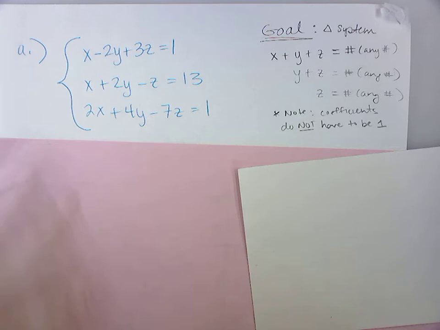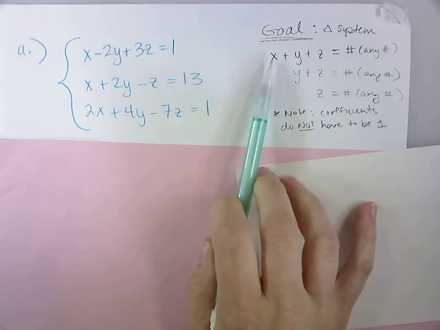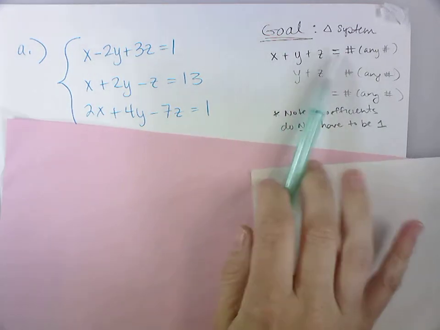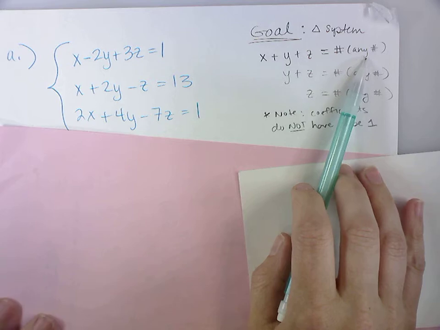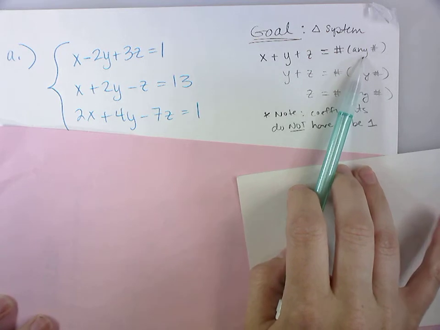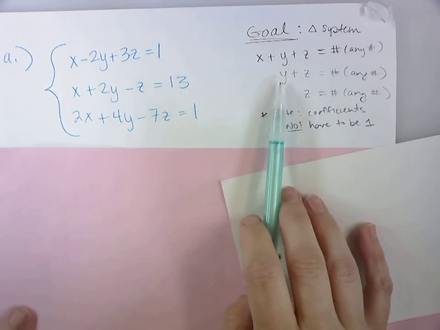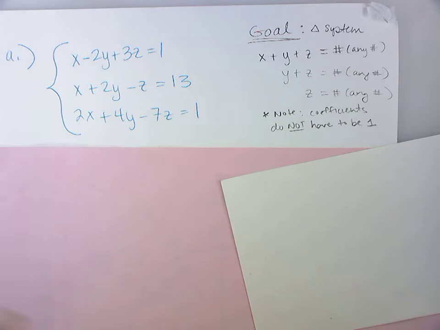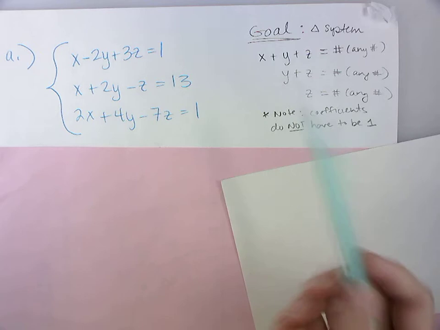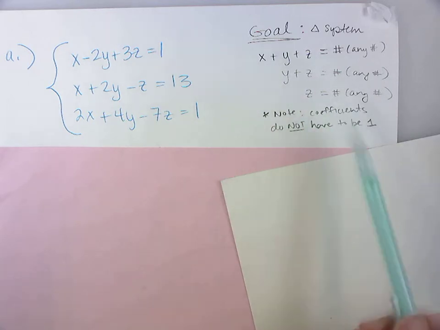Okay, and what is a triangular system? Well, that's going to be when you have x, y, and z in the first equation, and then that can be equal to any number. Okay, and then in the second equation, you want y and z, and again, that can equal any number. And then the third equation, you just want z, and that can equal any number. All the coefficients for this one were 1, but your coefficients don't have to be 1.